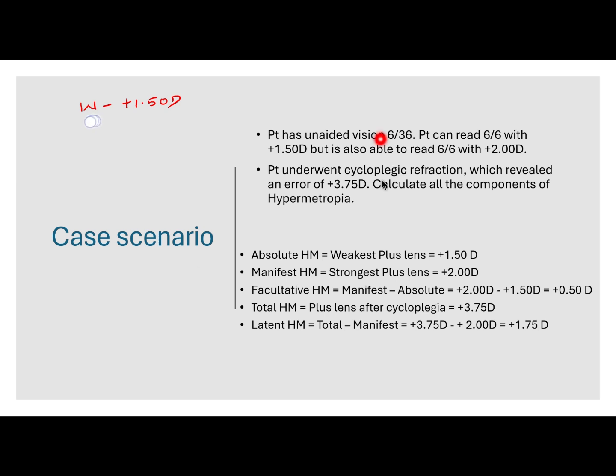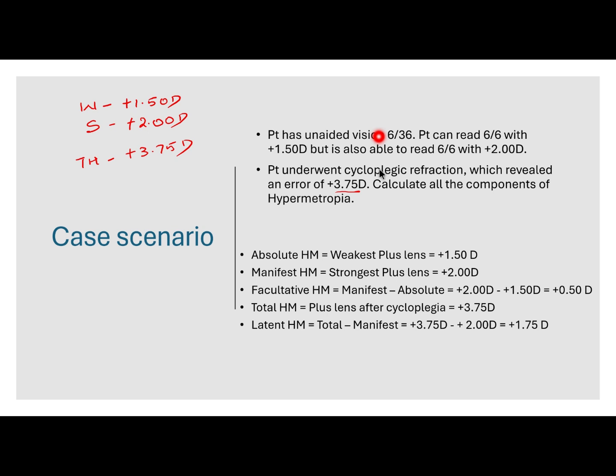That makes it the strongest lens with which a patient can see 6 by 6, both of these without cycloplegia. Now the patient underwent cycloplegic refraction which revealed an error of plus 3.75. So anything after cycloplegia gives us the total hypermetropia, which is nothing but plus 3.75 diopters.